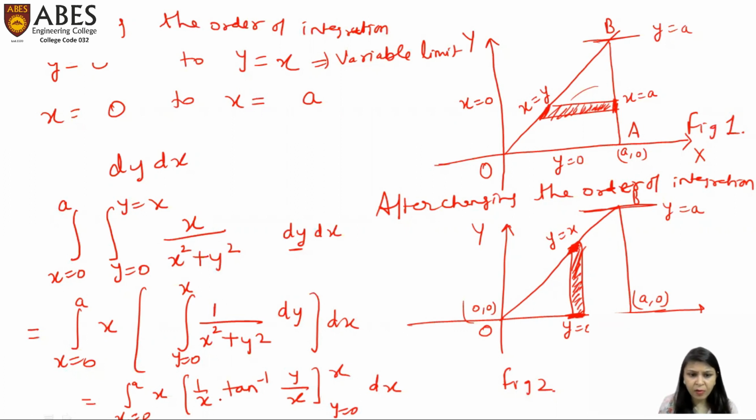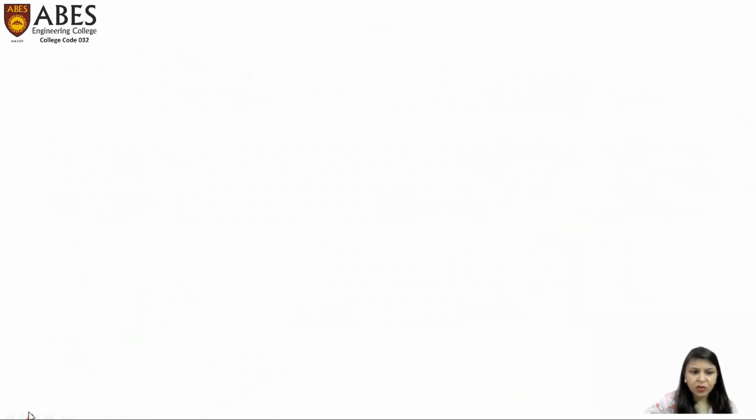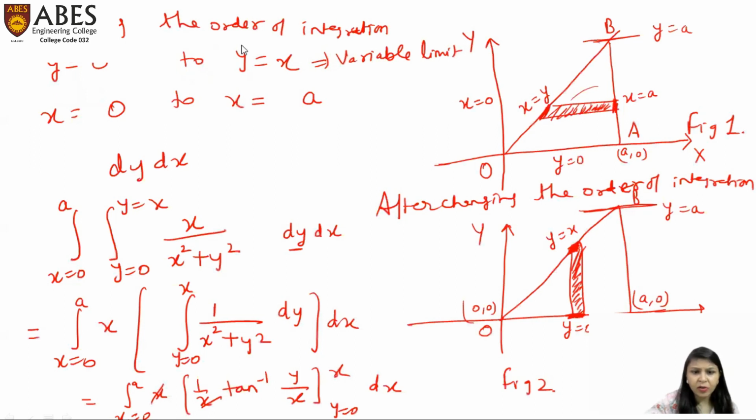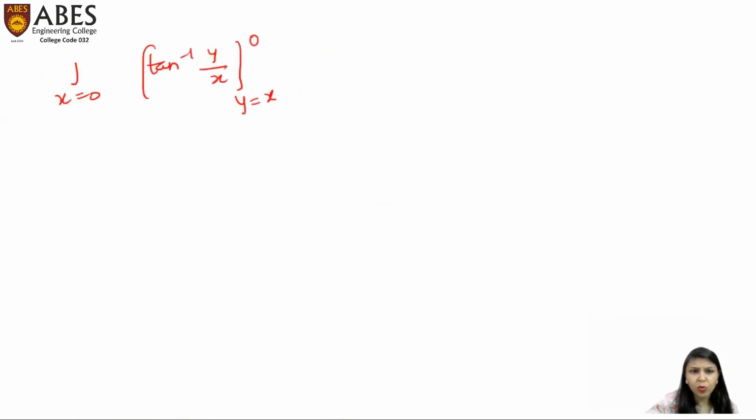so this will be cancelled out. So the range of x is 0 to a, tan inverse y upon x, and the limit of y is 0 to x.